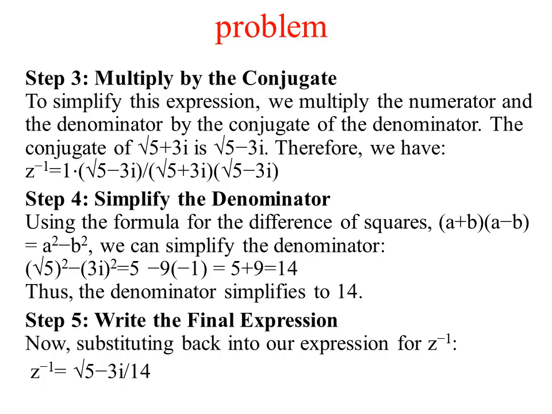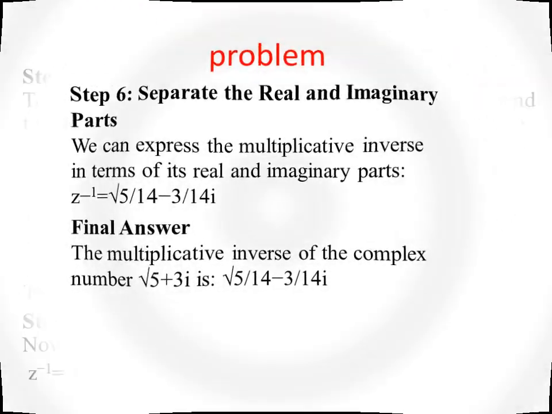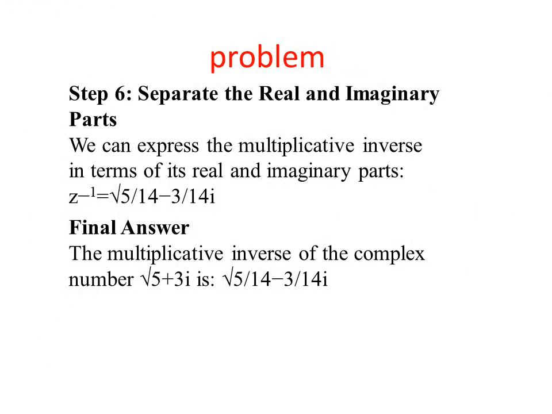So finally, substituting back into our expression, we have z inverse is equal to root 5 minus 3i by 14. After that, we separate the real and imaginary parts.